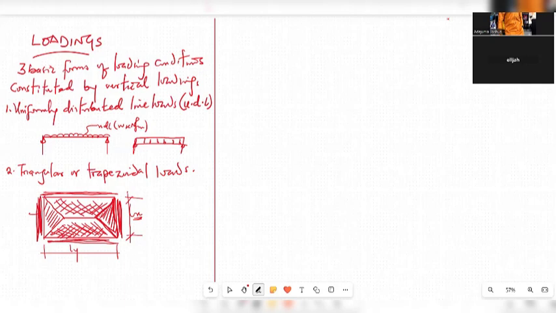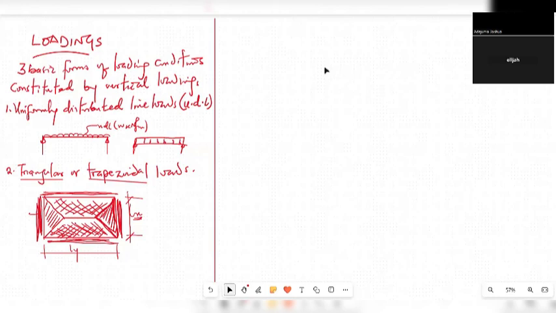All right. So that's what we mean by triangular and trapezoidal loads. How we arrive at that kind of load is such that we draw yield lines, and I already told you what yield lines are. The initial shapes that I drew on this slab panel are the yield lines.